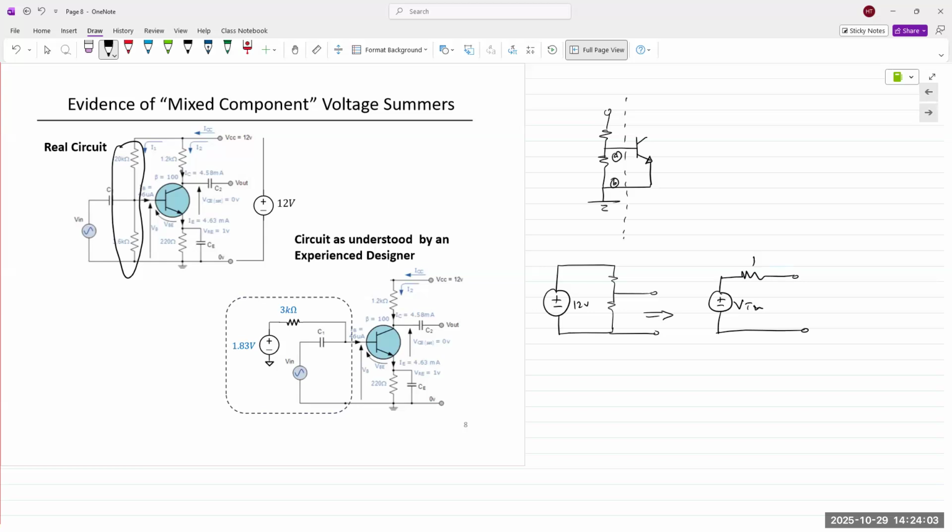As seen previously, this Thevenin voltage is 1.83 volts, and this Thevenin resistance is 3 kilo ohms, right? And this is connected into the transistor. So simply by using multiple resistors, we can have voltages in any value we want.